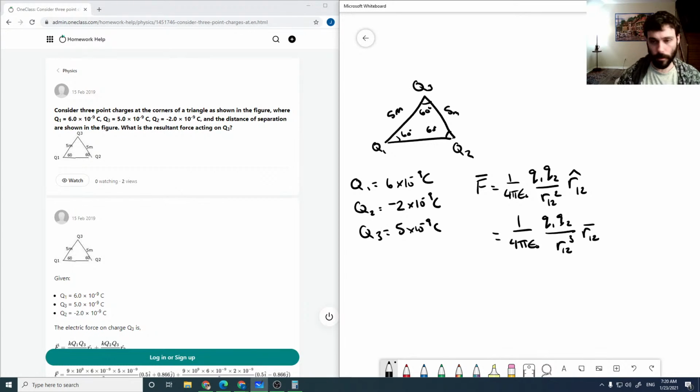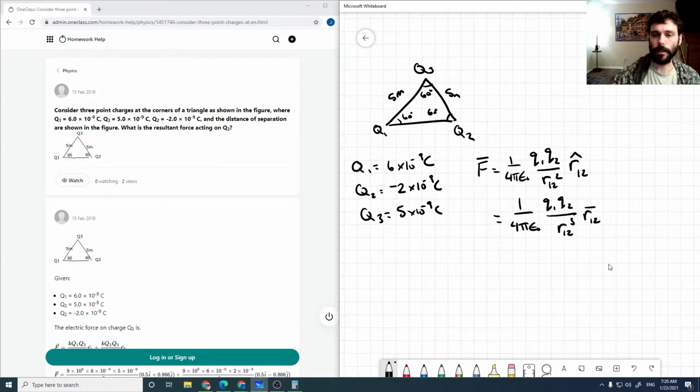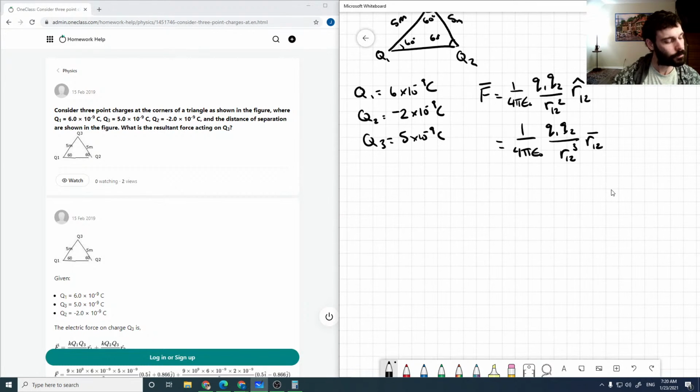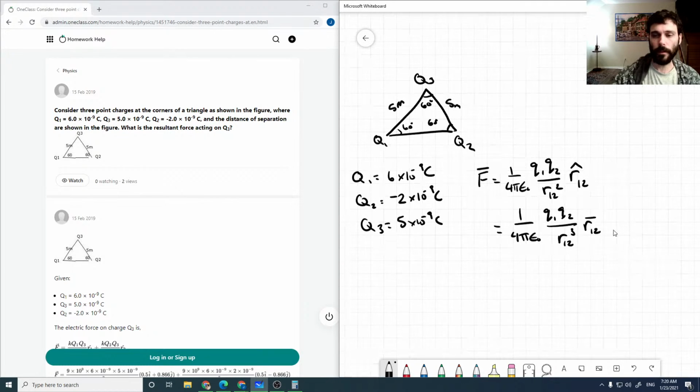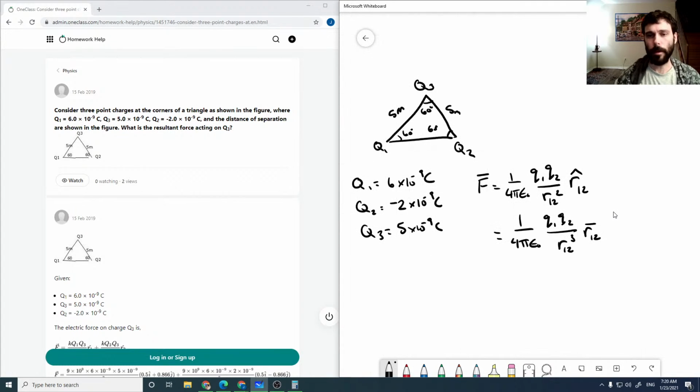Okay, so now to solve for the resultant force, we need the individual forces, and to do that, we need the vectors as well. So let's go ahead and define an axis system here, where this is our x and this is our y.